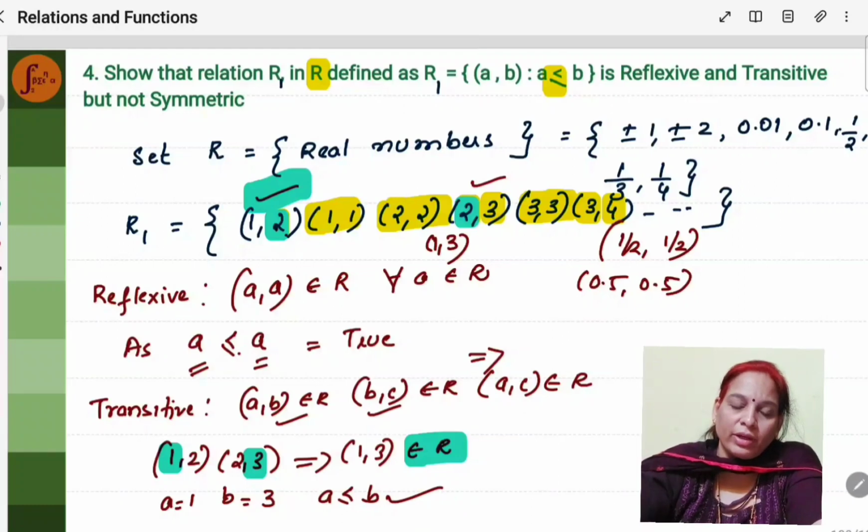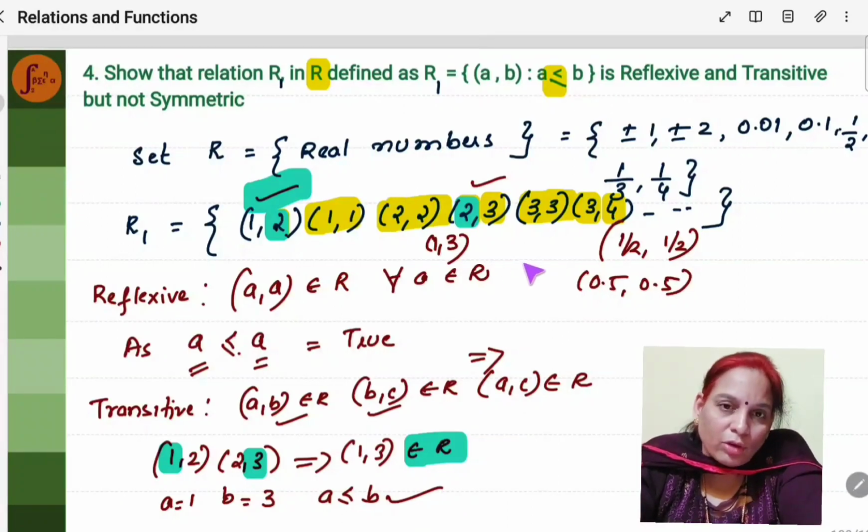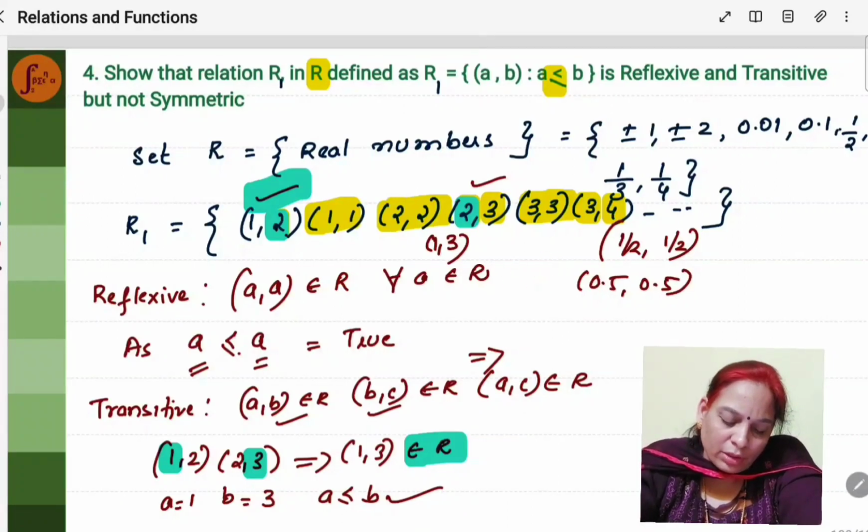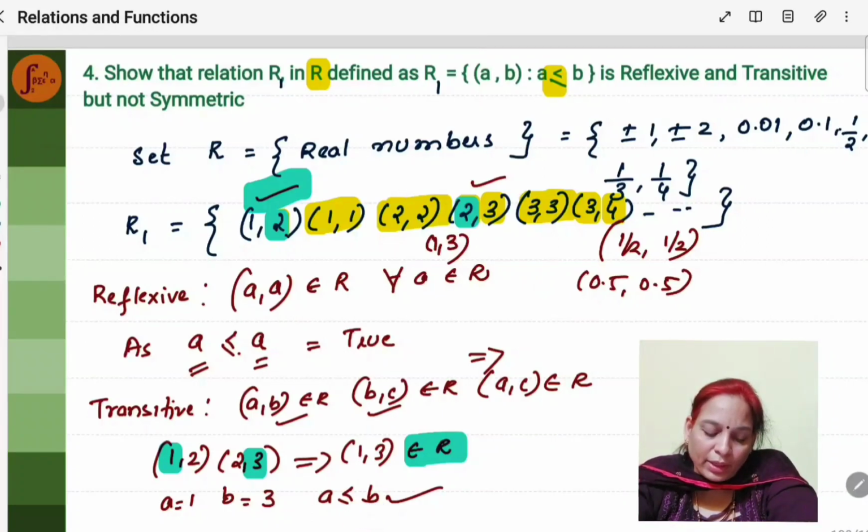So you take any combination and you will see that it is transitive. If the first pair satisfies the condition and the second pair, B comma C, satisfies this condition, then the third pair will also satisfy it.